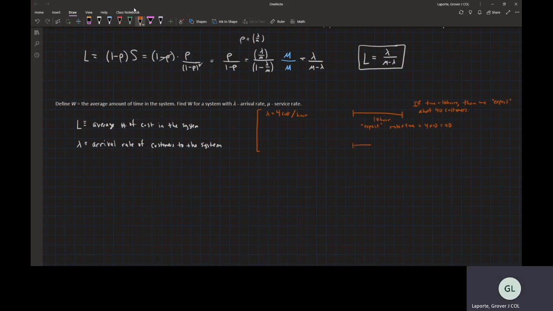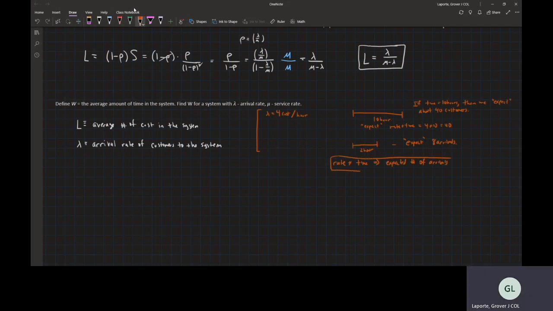If it were only a 2-hour time period that we're interested in, then we would expect 2 times 4, which is on average 8 arrivals. So to sum it up, once you're given the rate, you multiply that by the time to give you the expected number of arrivals. And hopefully that makes sense.